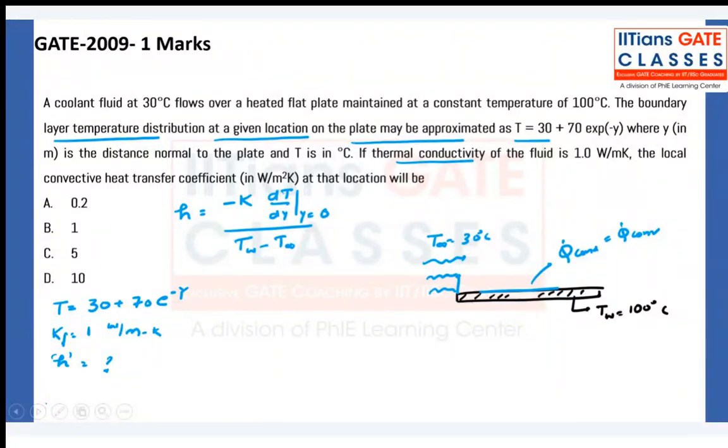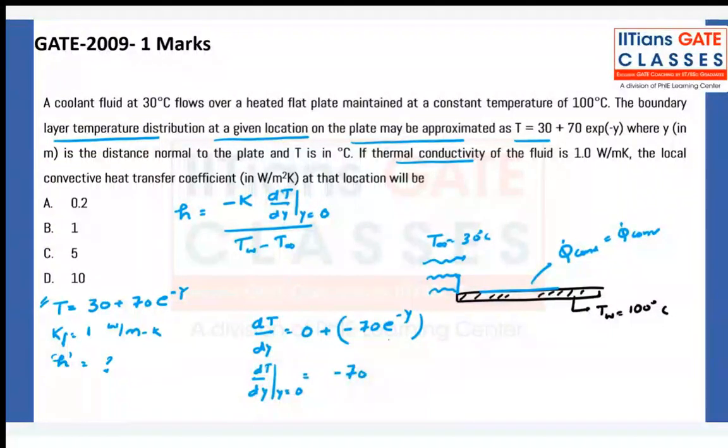So this is my T. dT by dy will be equal to 0 plus minus 70 e to the power minus y. Now dT by dy at y equals 0 is equal to minus 70 into e to the power minus 0. So e to the power 0 is 1.